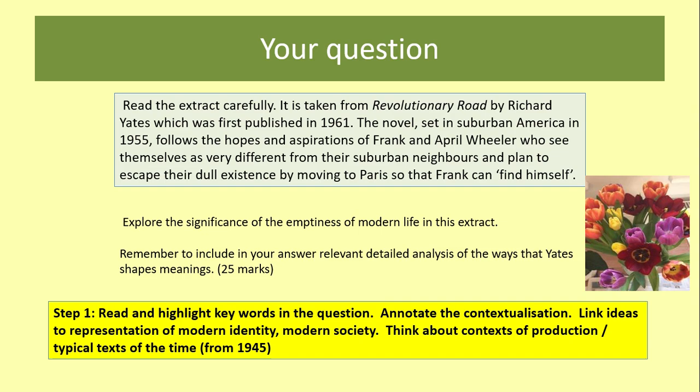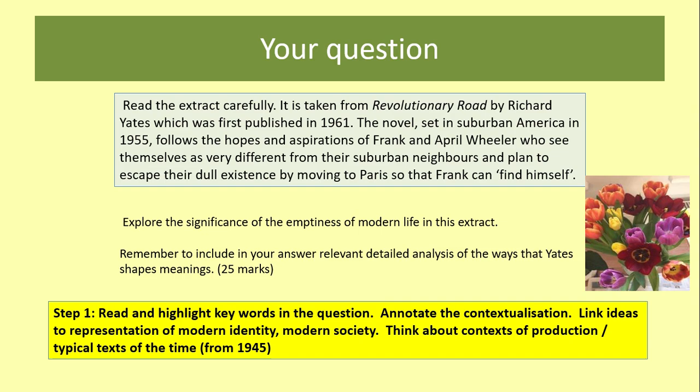Okay, so step one, my normal step-by-step guide that you're used to now in the yellow boxes. Step one suggests just to have a go at looking at that question, read and highlight the key words in the question, annotate that contextualisation. The examiners give it to you for a purpose, so make sure you use it because it will inform your essay answer. And then link ideas to the representation of modern identity and modern society, remembering that this exam paper is focused around this idea of 1945 to present and how identity and society has been created and recreated through literature.